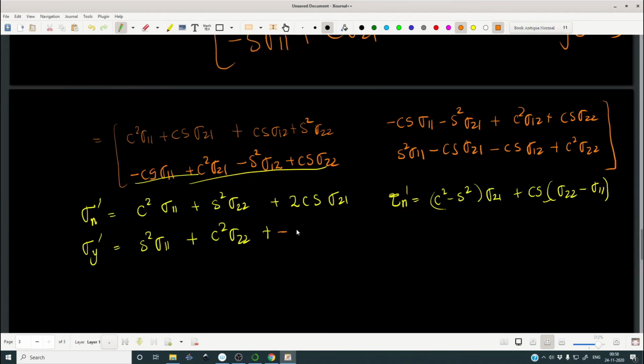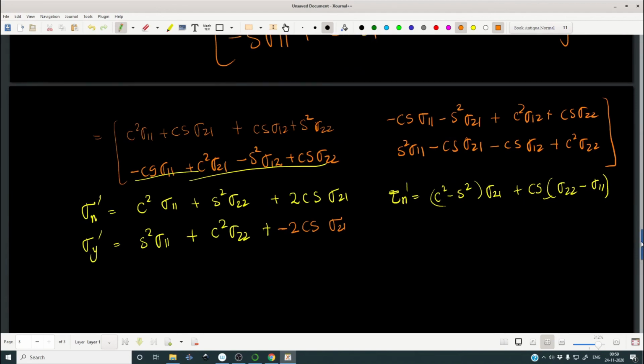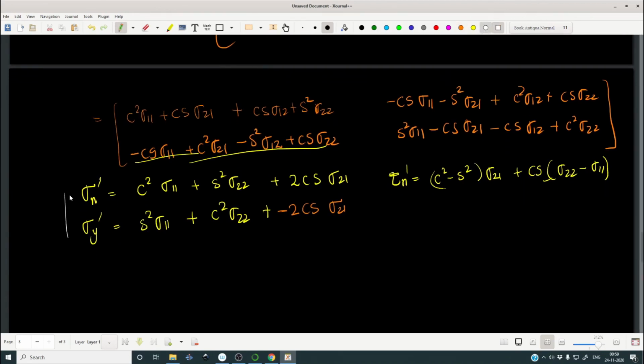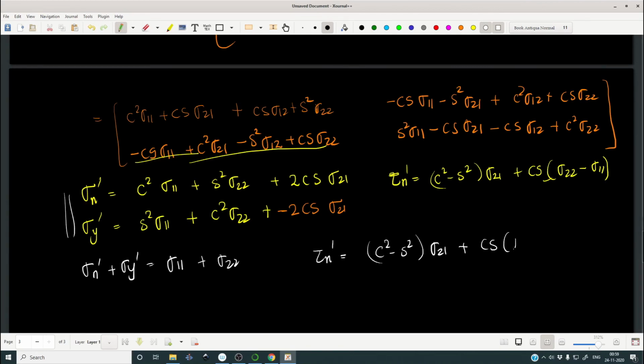So this is minus 2CS sigma 21. So one thing to note from this is that if you add these two, sigma n prime plus sigma y prime, this becomes sigma 1 1 because cos square plus sine square is 1, plus sigma 2 2 because cos square plus sine square is equal to 1. These two terms cancel out, while tau n prime is equal to c square minus s square times sigma 21 plus cs times sigma 22 minus sigma 11.